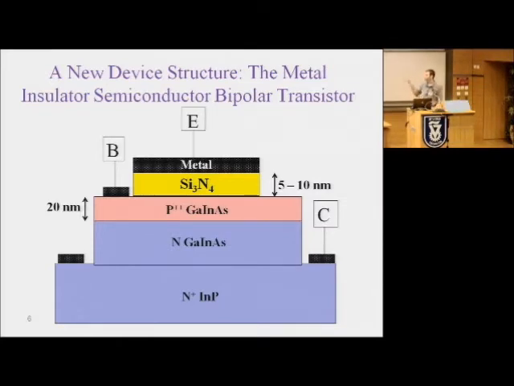So our study is now focusing on the resistive switching. The switching materials in this study were silicon nitride deposited by plasma-enhanced CVD, aluminum oxide by atomic layer deposition, and hafnium oxide by atomic layer deposition. We tried various thicknesses between 5 to 10 nanometers.